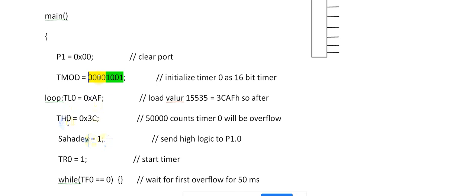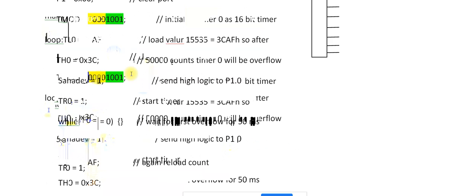So the loop starts from here to this. And obviously, the number of opening braces and closing braces must be the same, otherwise it will show you some error.